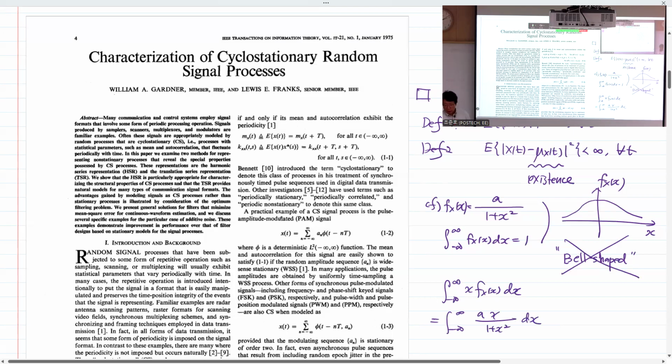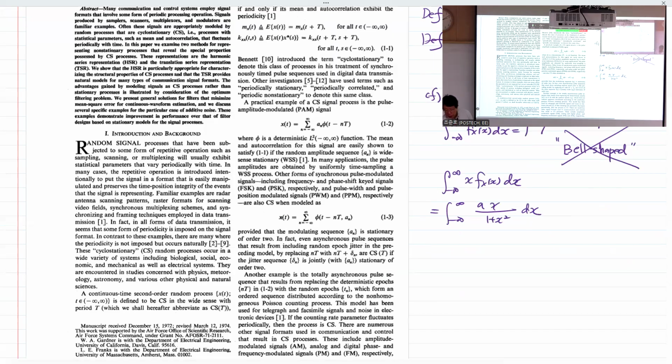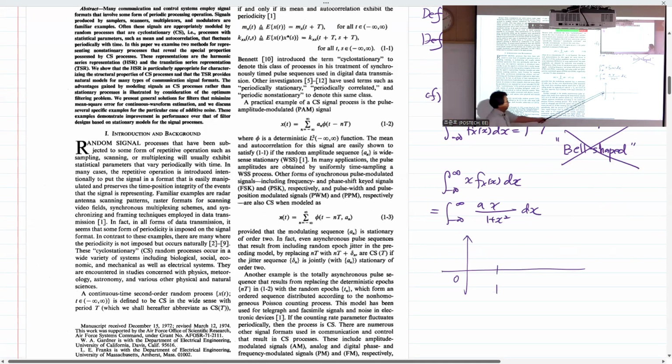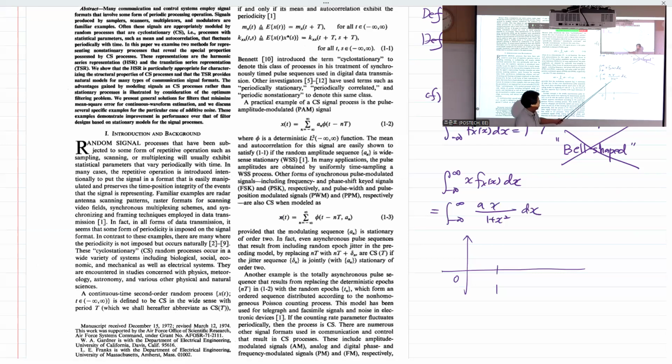And what happens? Just consider some point, for example, 1. Then from here, this product decays almost proportional to 1 over x, right?